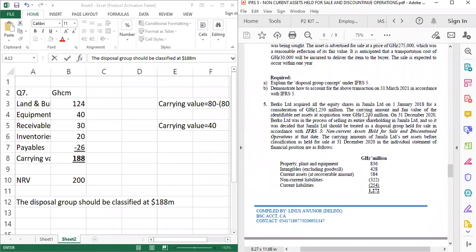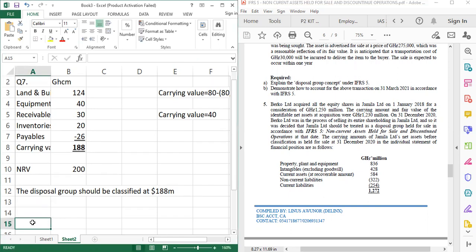So how much is Beko paying for the assets of Jamila? 1,250. But what is the actual value of the assets? 1,230. So what is happening? There is 20 more. That 20 more, what are they paying for? Goodwill. That 20 more is what we call goodwill.